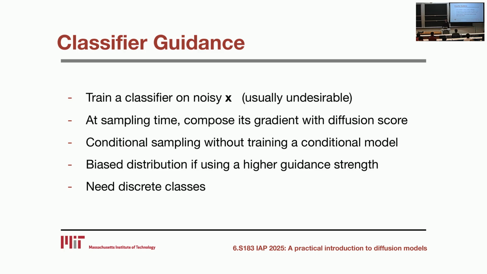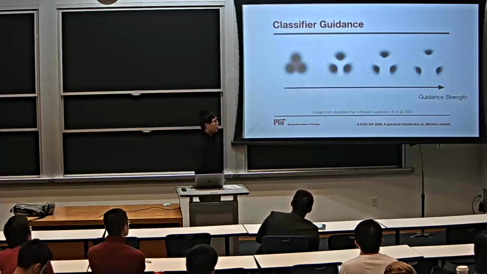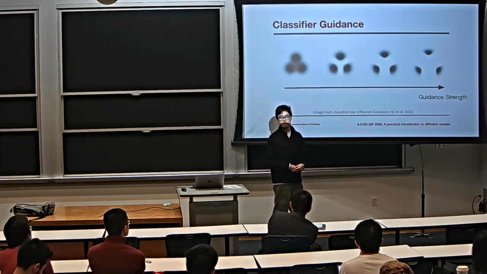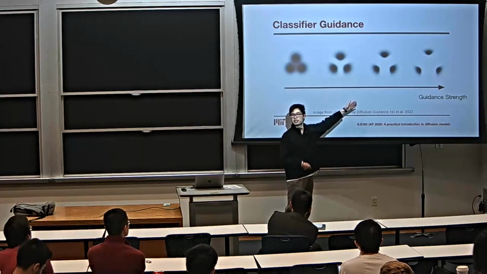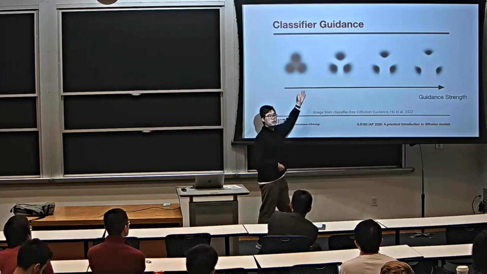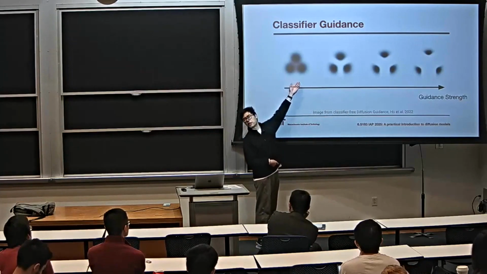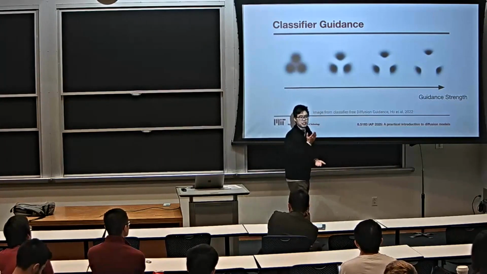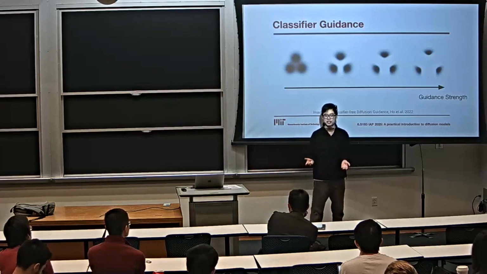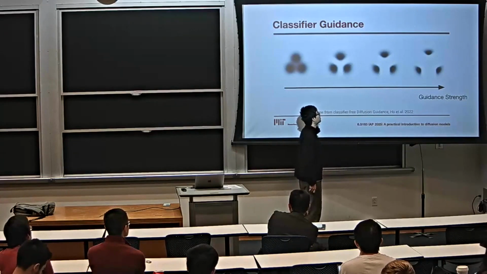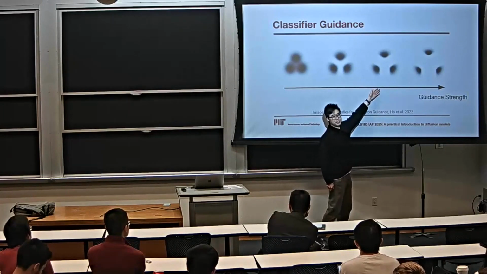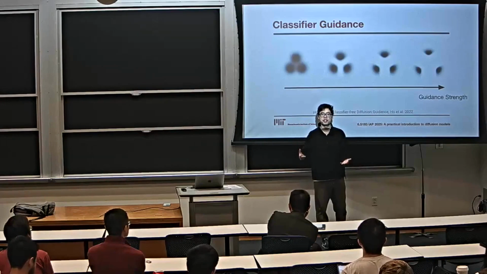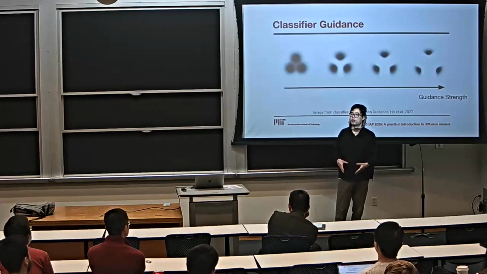However, as you saw earlier in this picture, adding classifier guidance can bias a model towards distributions that look like this. This differs from the ground truth distribution we actually want to approximate, right? Why do people still want to do this? Of course, I want to do conditional sampling, but there are many other reasons. Sometimes you will find that generating images using a picture like this is actually more favorable, because many people don't care about matching the original distribution of all images.